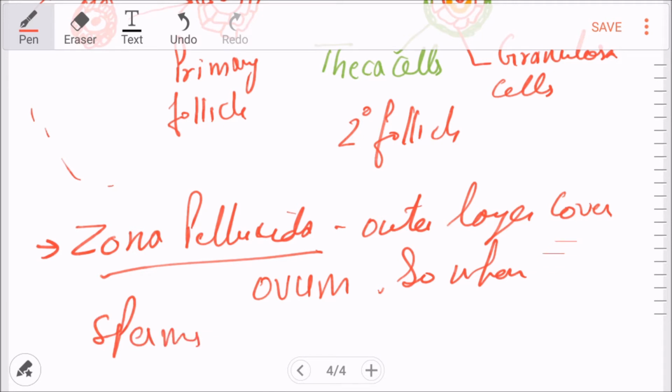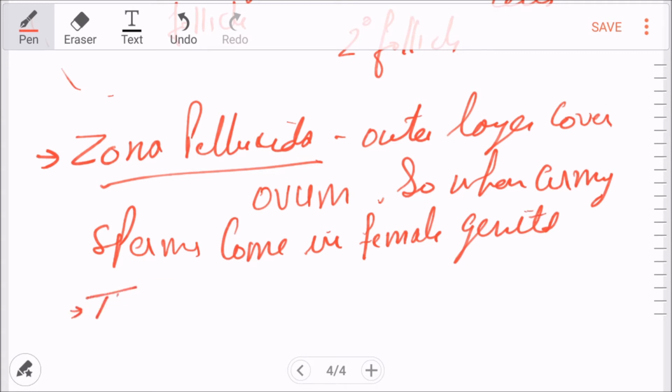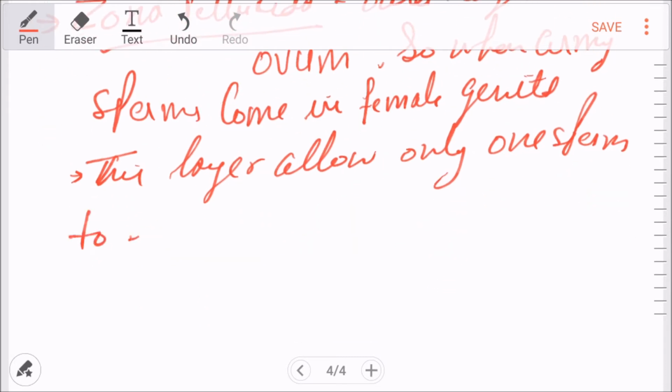So when army means many sperms come in female genitalia for fertilization, this layer will allow only one sperm to enter for fertilization.